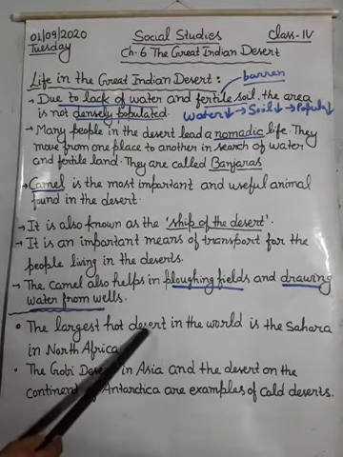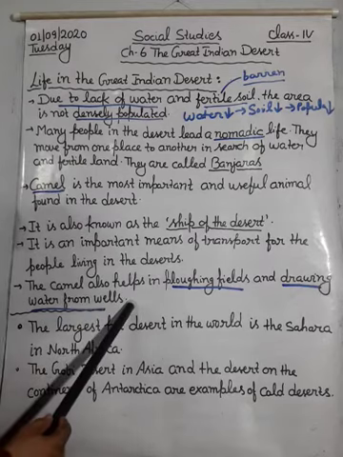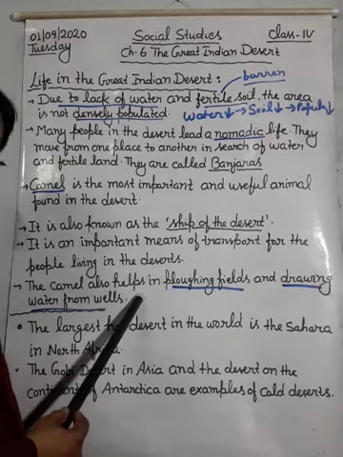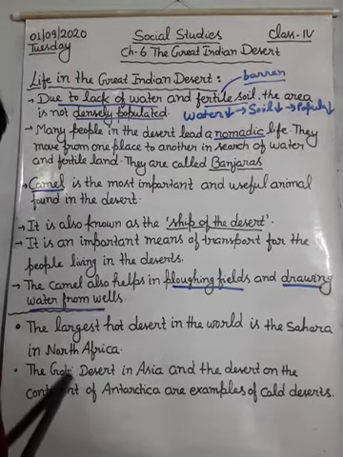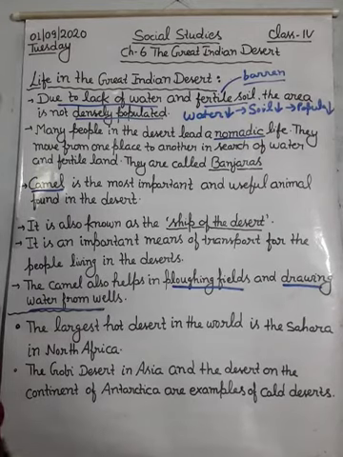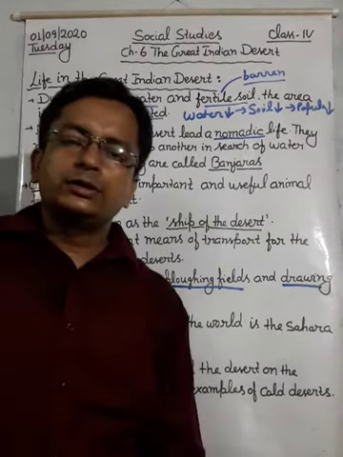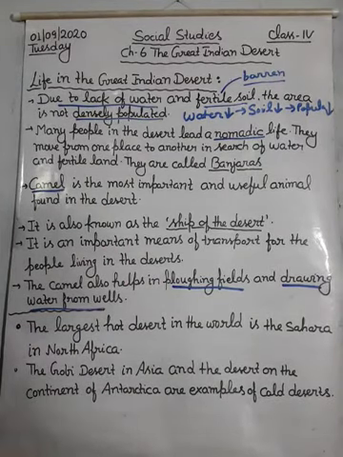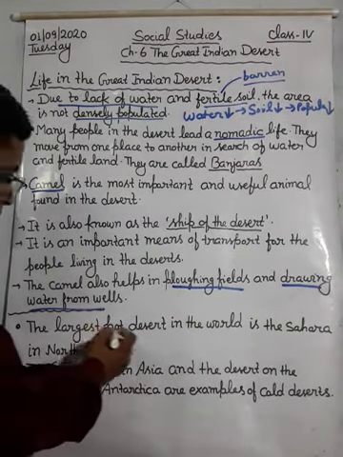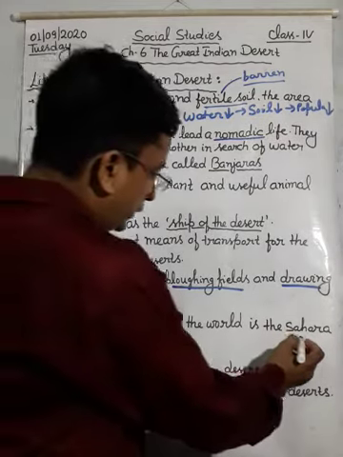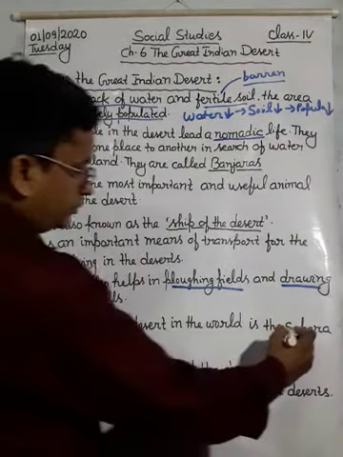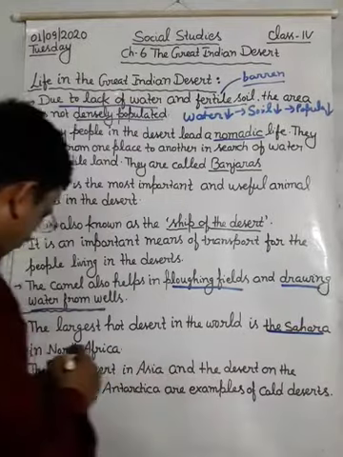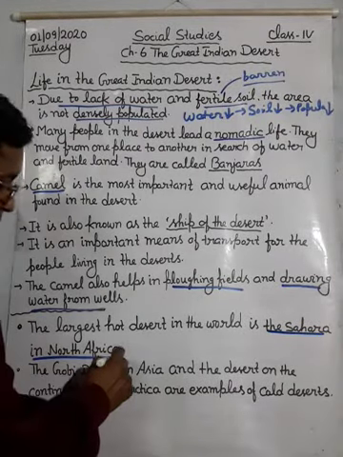The largest hot desert. Dear student, it's all about today's topic and some important facts related to the desert region. The largest hot desert in the world is the Sahara, in North Africa.